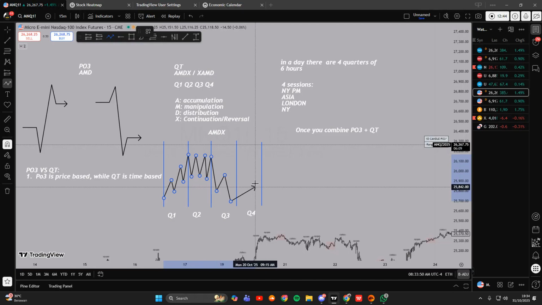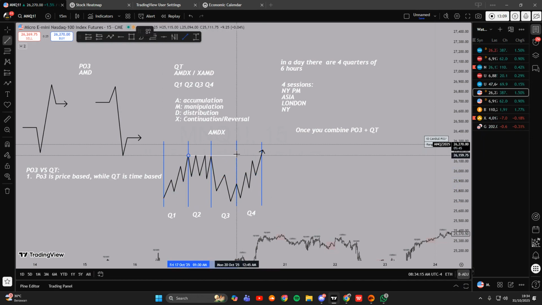Because with quarterly theory, this is time based also. You see how XAMD manipulated into a PD array or a level, which is PO3 price based, then you would know what's the next move for us to distribute higher and catch out these resting highs.